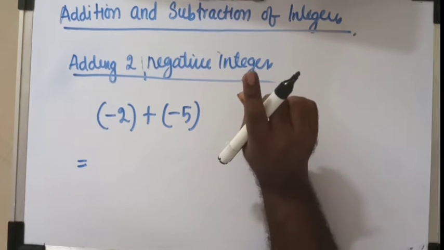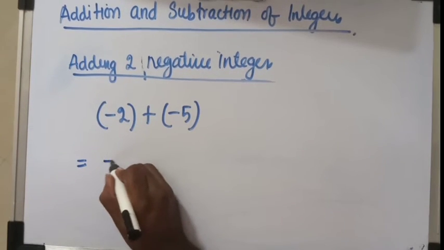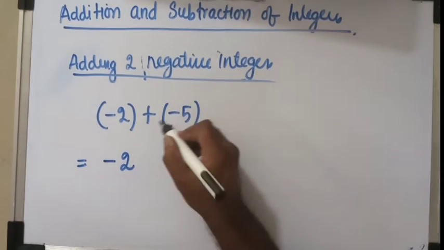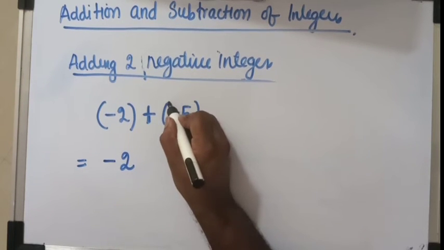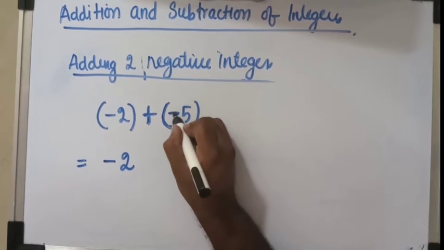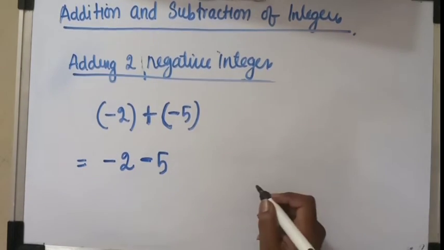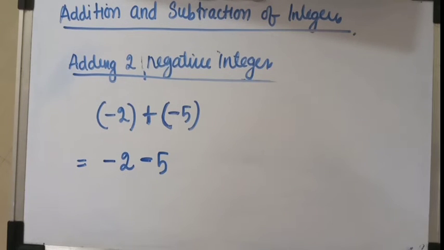Brackets always indicate a multiplication sign. I open the bracket, this became -2. Now see, plus into minus will give you minus. This is -5.